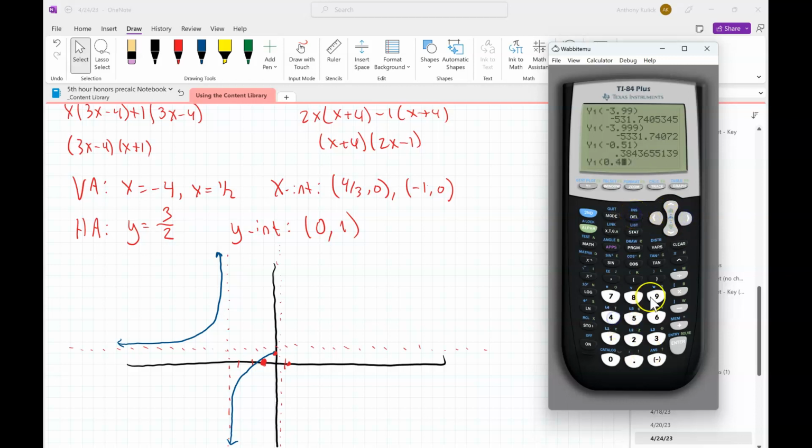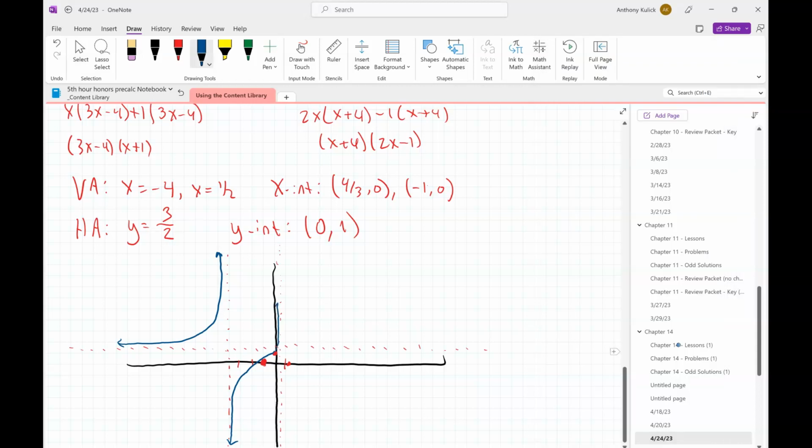So the left side is 0.49, and then 0.499, and then 0.4999. So I see that it's doing this. Now, observe that it crossed the horizontal asymptote. That's not a big deal if it's happening in the middle. It's just not going to cross at the ends.